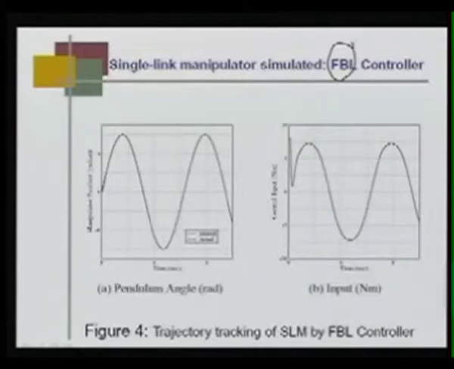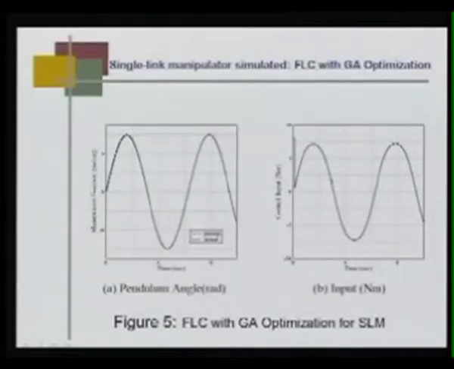Now, FBL is the feedback linearization technique. Using this controller, you see that the tracking is very good, the oscillation in the input torque is reduced, and it is a very smooth torque. Now, we have implemented a fuzzy logic controller with GA optimization.